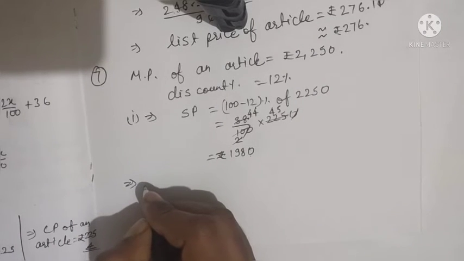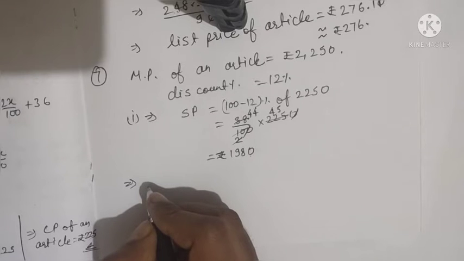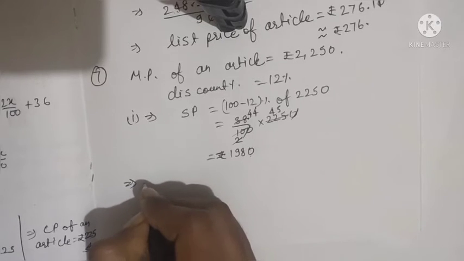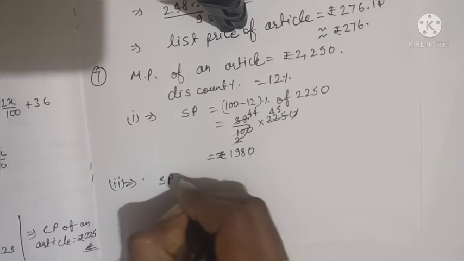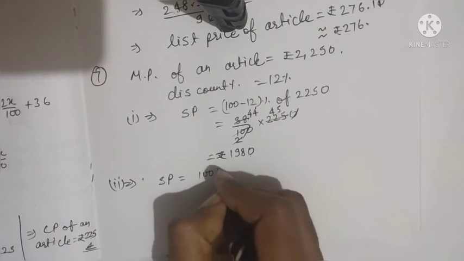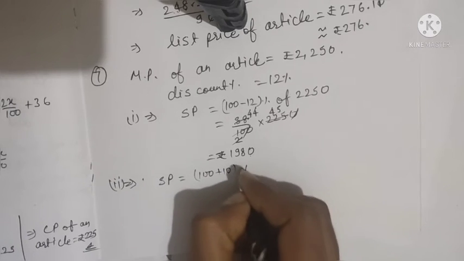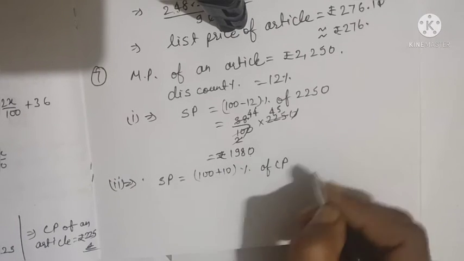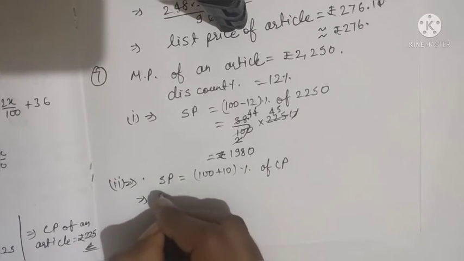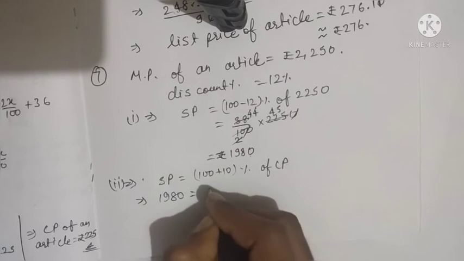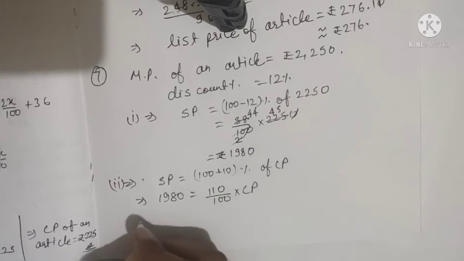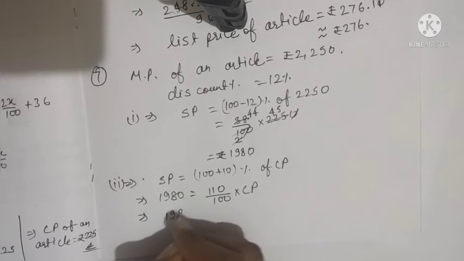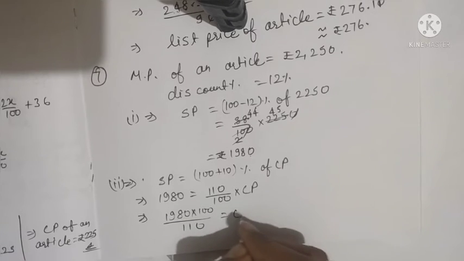And since the dealer makes a profit of 10%, selling price will be equal to 100 plus 10% of CP. That implies 1980 will be equal to 110 by 100 into CP. That implies 1980 into 100 by 110 is equal to CP.